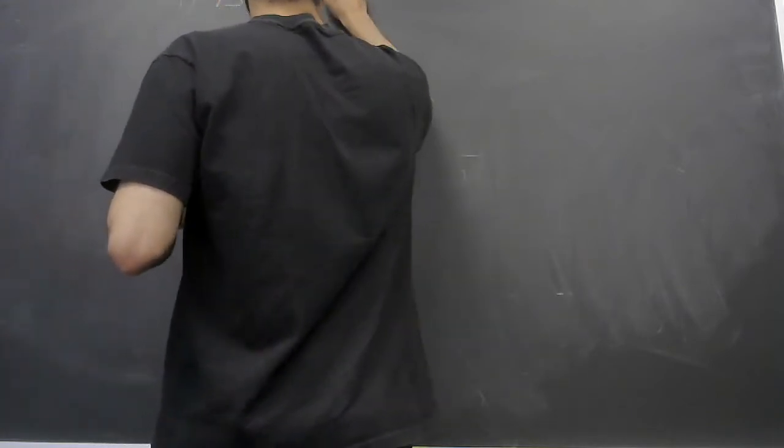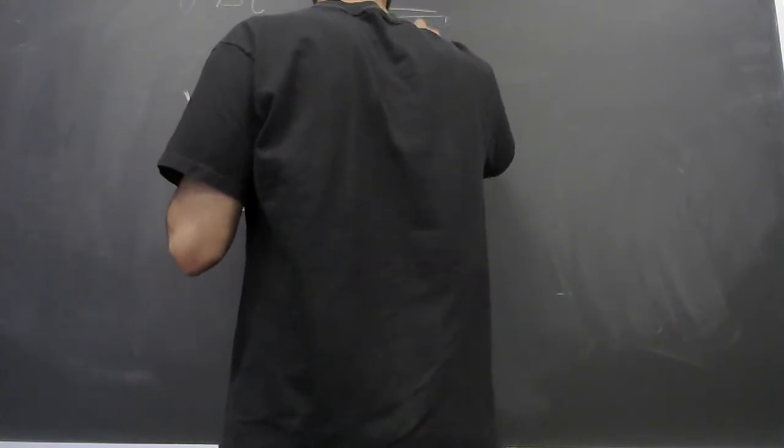Okay, so we know we're going to be using time dilation. I'm going to call this essentially part 1. So delta T equals delta T naught divided by the square root of 1 minus V over C squared.